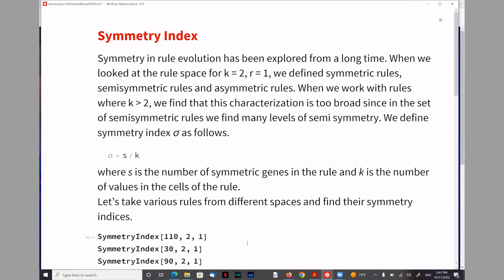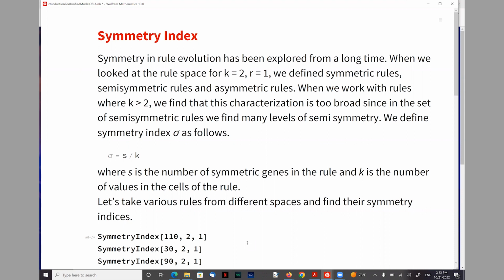So also that then allows us to create what is called a Symmetry Index. Back when we started working on this, and I think it was probably in the 90s when they started discussing these things, for K equal to 2 and R equal to 1, we defined symmetric rules. They were perfectly symmetric. We also defined semi-symmetric, which is sort of, one side was symmetric, another side was not.